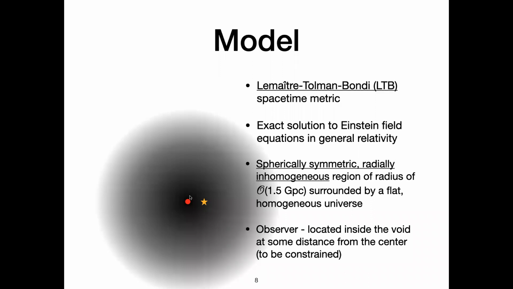The gray area you see here is the spherically symmetric and radially inhomogeneous region. So the matter distribution is not the same at all points here, but outside this region, there is the flat homogeneous universe, which is also the case in standard cosmology.